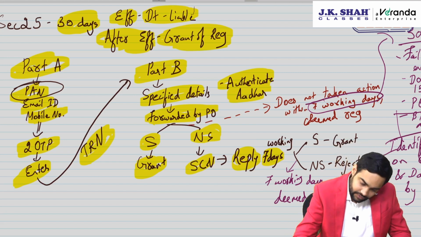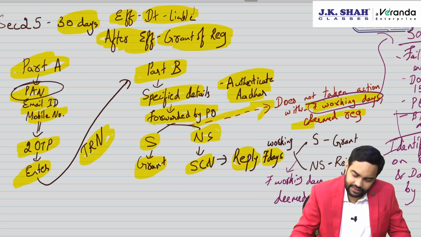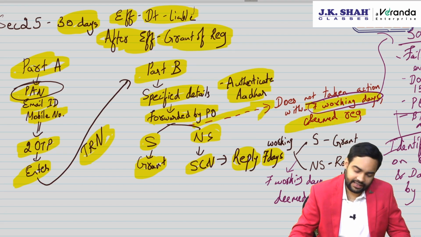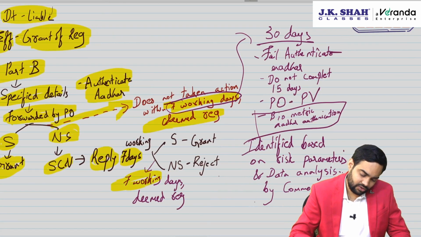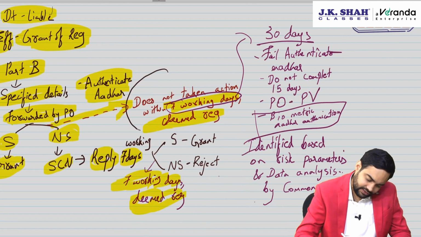Now, if the officer does not take any action within 7 working days after it is forwarded to him, then deemed registration. And the same point is applicable here also, but this is after reply and this is the first application.